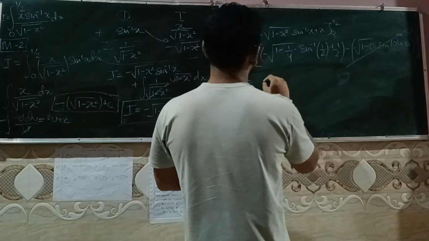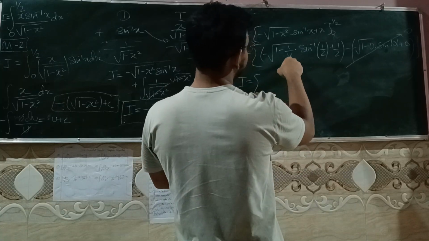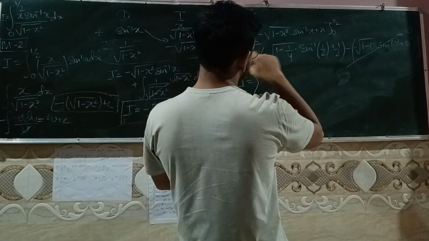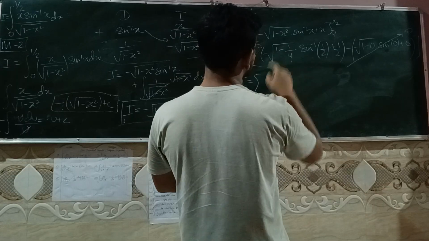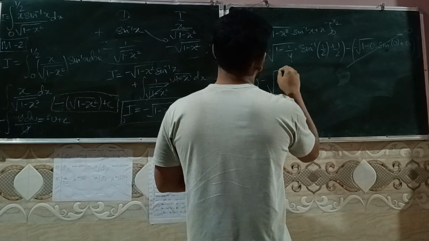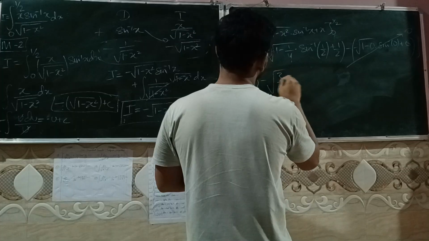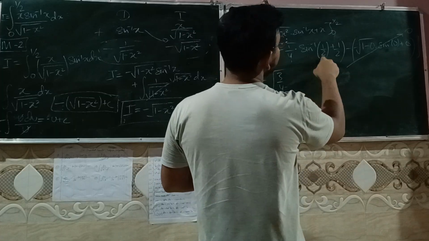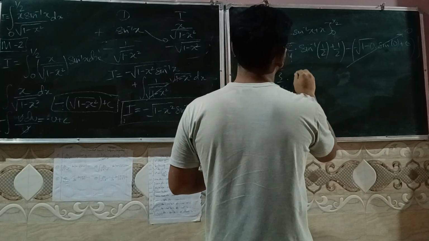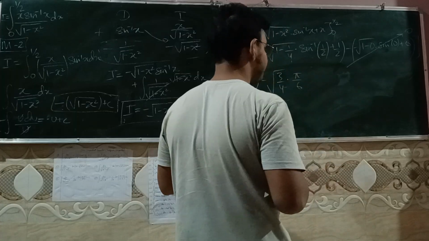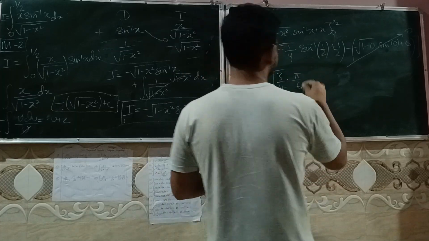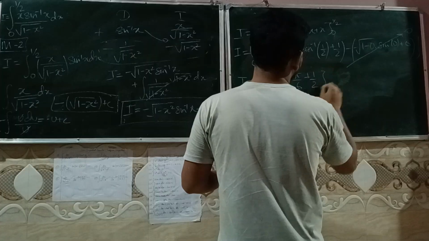So let's just solve it. 4 minus 1, so sorry, this is 3 over 4, and its square root is square root 3 over 2. Sine inverse of 1 over 2 is nothing but pi over 6. Keep that in mind. And we have 1 over 2 here.